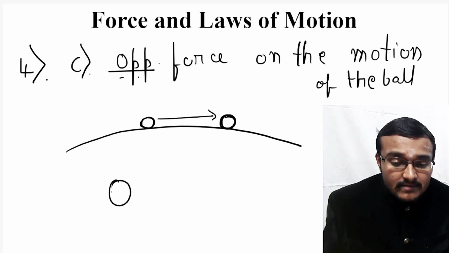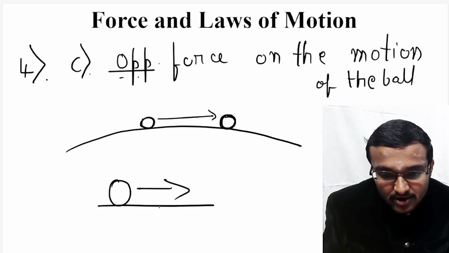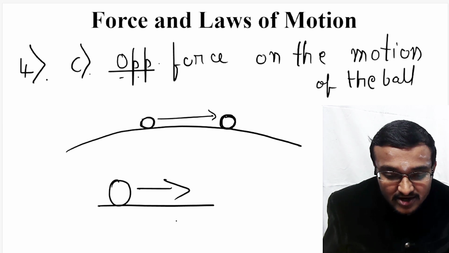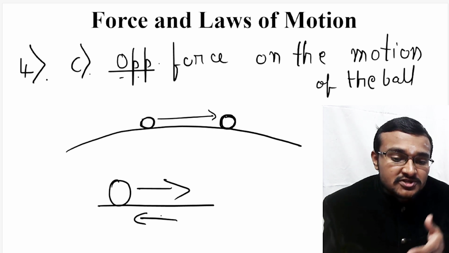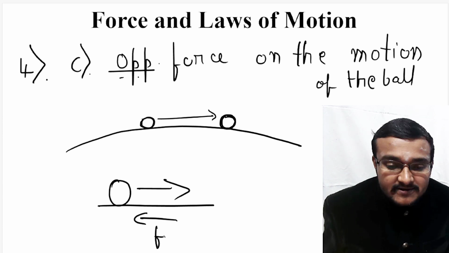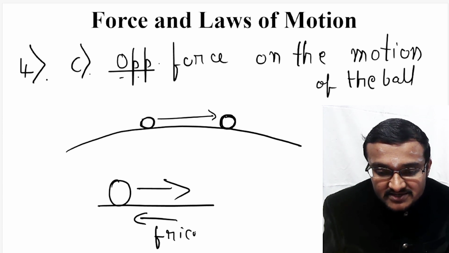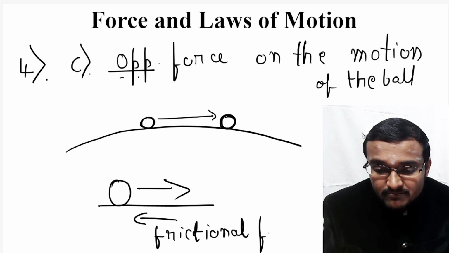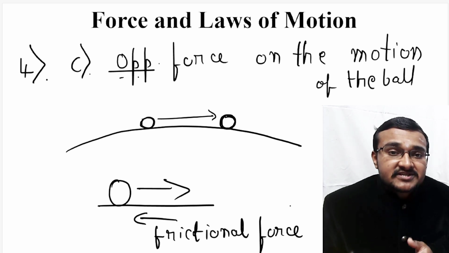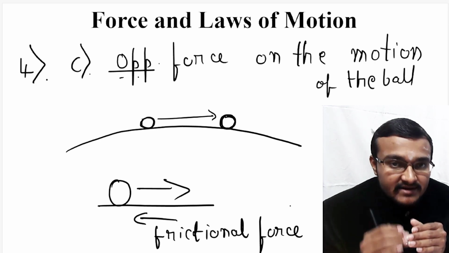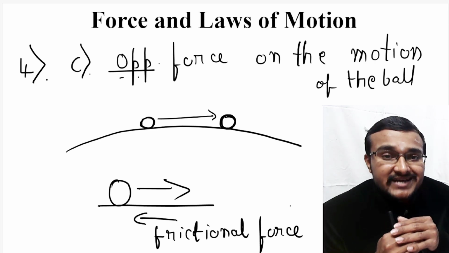When a ball is rolling on this particular ground, the ground will apply an opposite frictional force on this particular ball. So there will be a certain amount of frictional force which is applied by the ground on this particular ball. So because of this opposite force, because of this frictional force between the ball and the ground, which is acting opposite to the direction of motion.